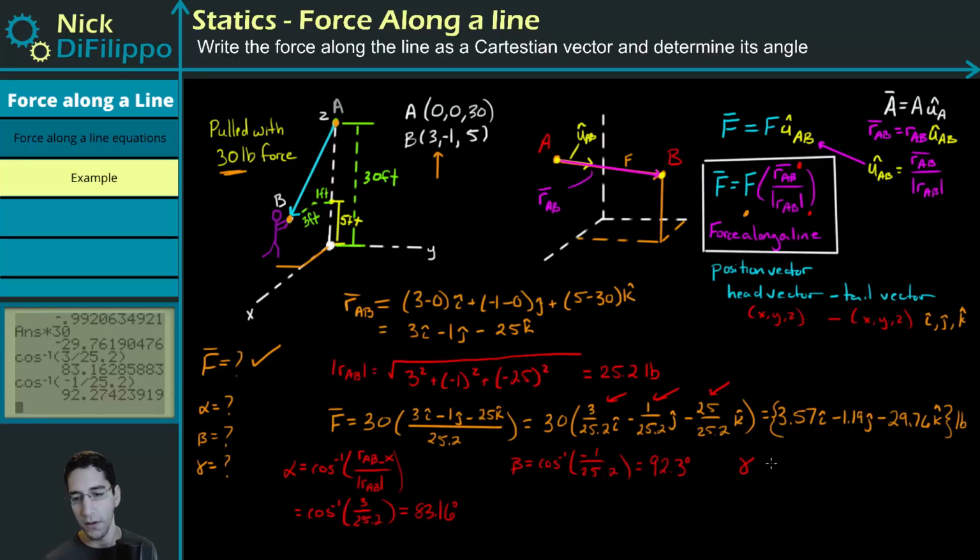And then we have gamma will be the inverse cosine of, again, don't forget the minus sign. That seems to get lost a lot of times with these cosine angles. So minus 25 divided by 25.2, 172.8 degrees.